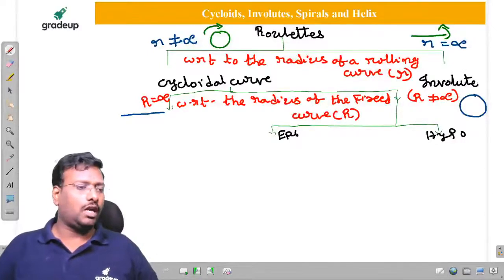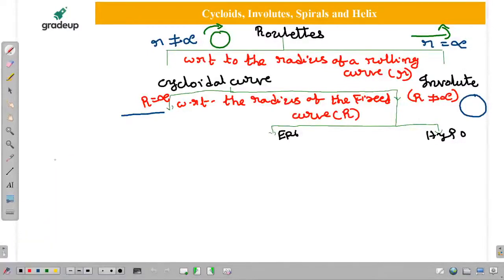If you consider the point on the curve, if CP is equal to small r, in the first case it is called cycloid. In this case, how is the nature going to be? It is a fixed curve of radius infinity, and the rolling curve we have to consider as this is the center, and you are considering a point on the circumference of the circle. Then it is called a cycloid.